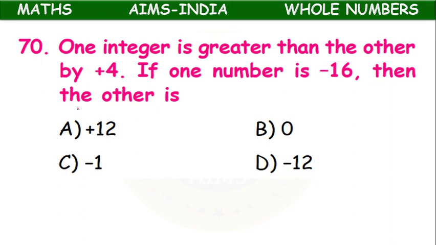Next, 670 question. So one integer is greater than the other by plus 4. If one number is minus 16, then what is the other?